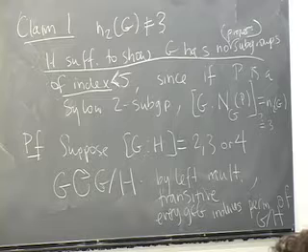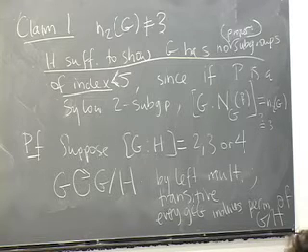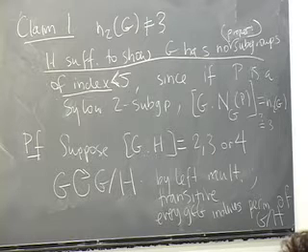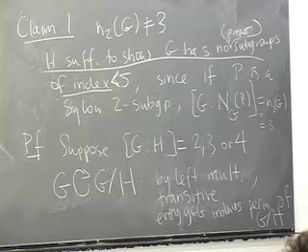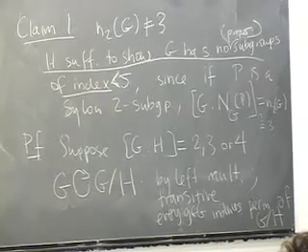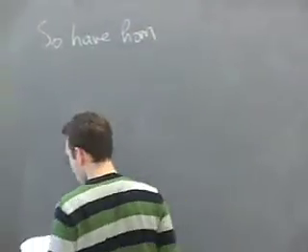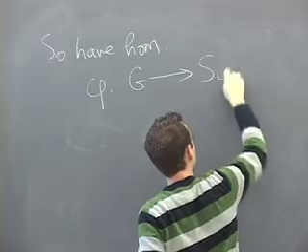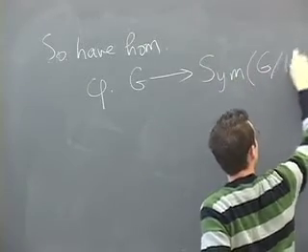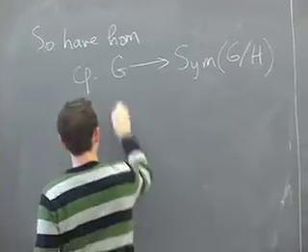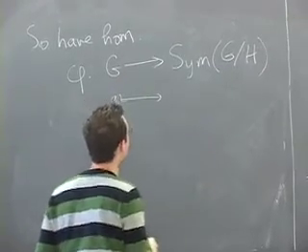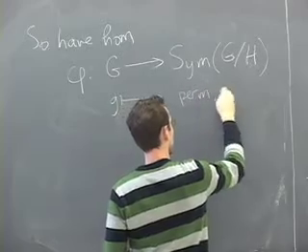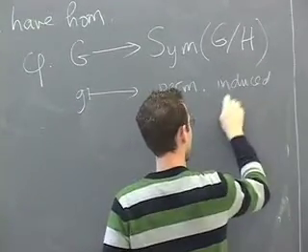So in effect, the natural action of G on G mod H gives us a homomorphism from G. You have to verify that this thing really is a homomorphism, but that's not hard. So there's a homomorphism from G to the symmetric group on the coset space, G mod H. In other words, this takes element g to the permutation induced by g.